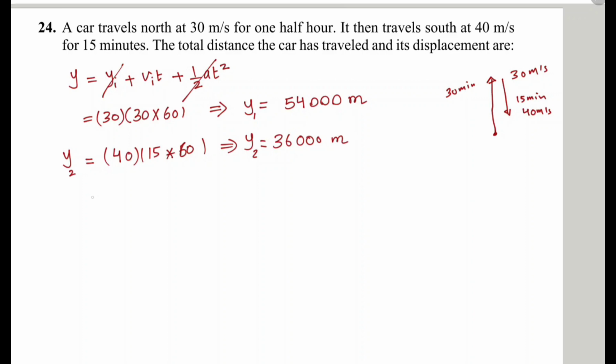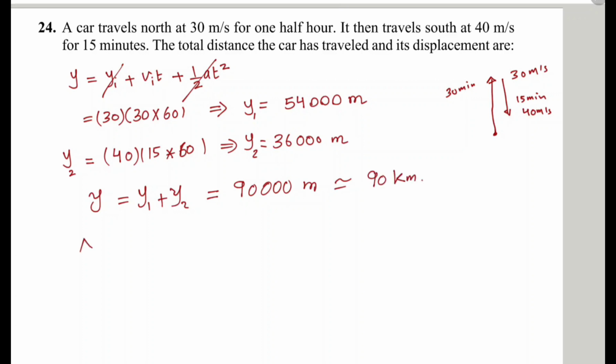Y total equals y1 plus y2. This is the total distance, which equals 90,000 meters or 90 kilometers.